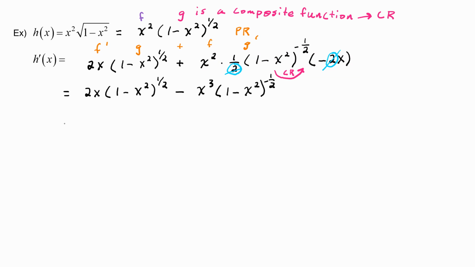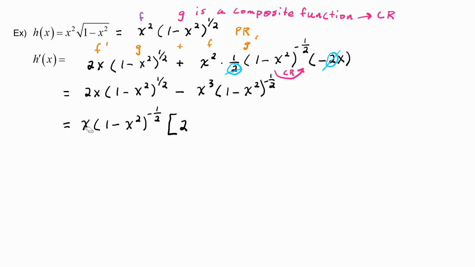So now we can factor. We can pull out a factor of x. We can also pull out a factor of 1 minus x squared to the smaller exponent, which is negative 1/2. And then you just do the division to see what's going to be left. If we divide this term by this greatest common factor, we see that we're going to have a 2.